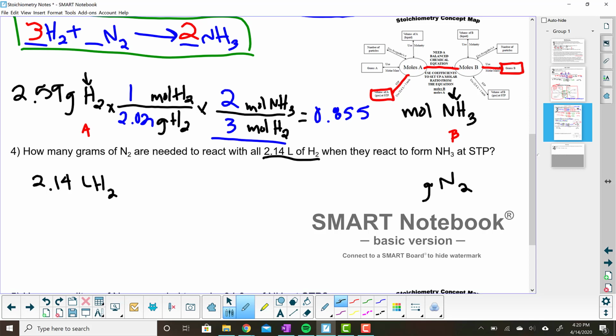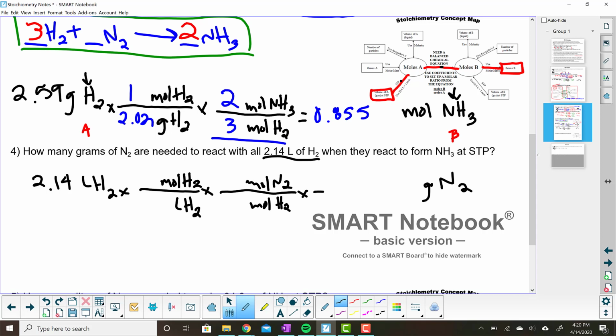So let's see if we can set this up. Starting in liters of hydrogen, I want to convert from liters of H2 into moles of H2. That was my first step. Then I want to get from moles of H2 to moles of B, so moles of N2. So put moles of H2 on the bottom and moles of N2 on the top.